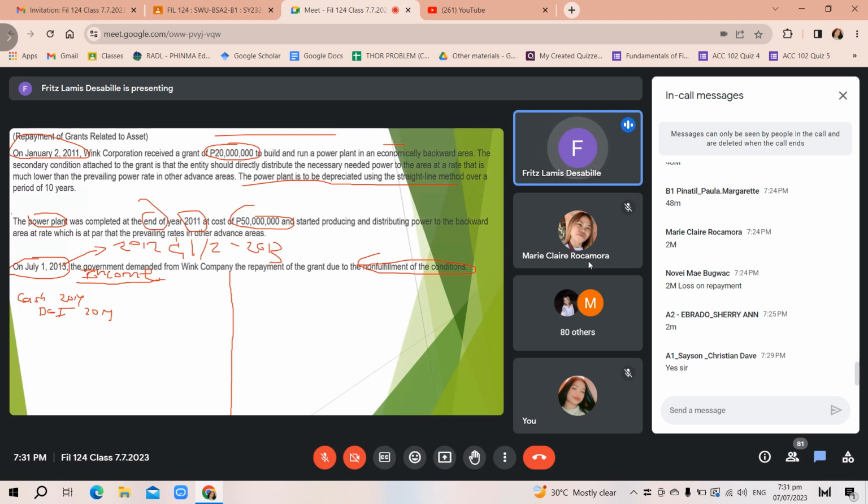Now, at the end of 2011, the PPE is completed. So our entry to record the completion of the PPE: debit PPE, 50 million.